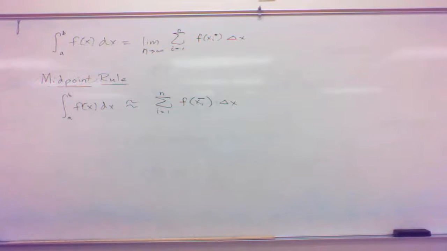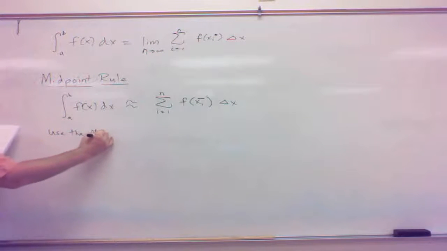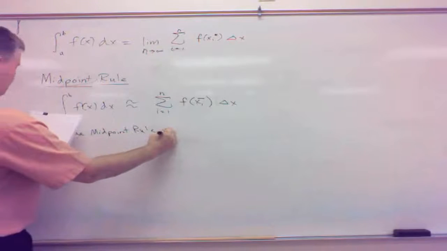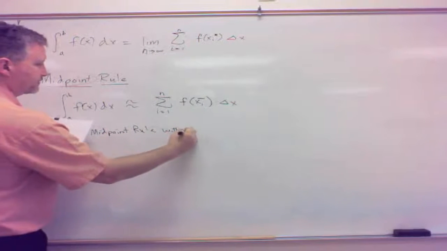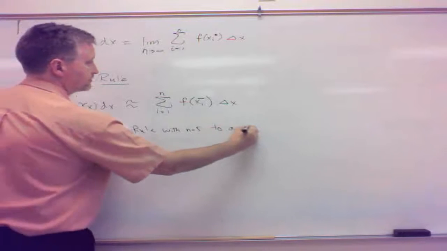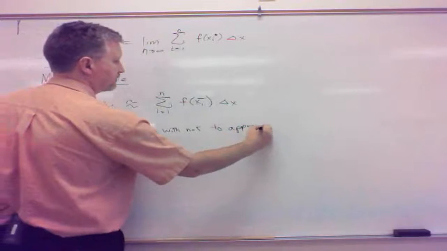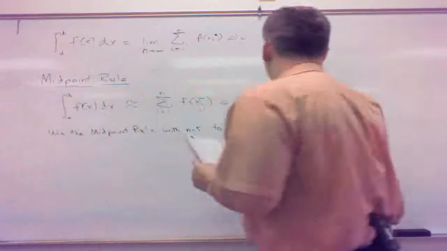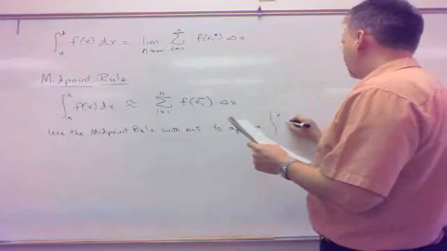So let's try one here. Let's use the midpoint rule with n equals 5 to approximate the integral from 1 to 2 of 1 over x dx.